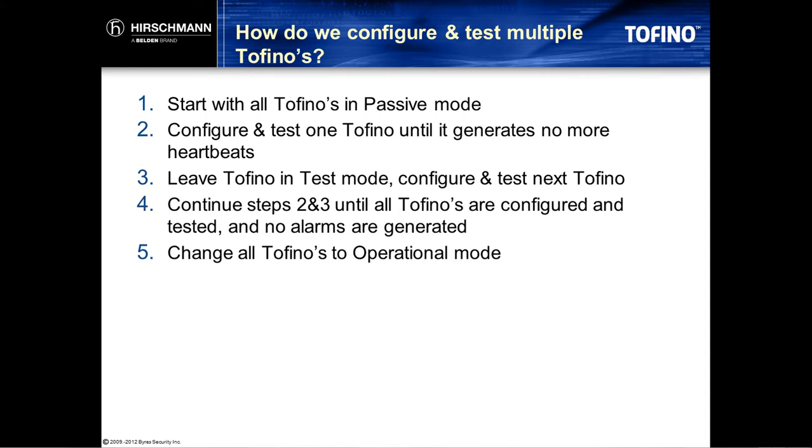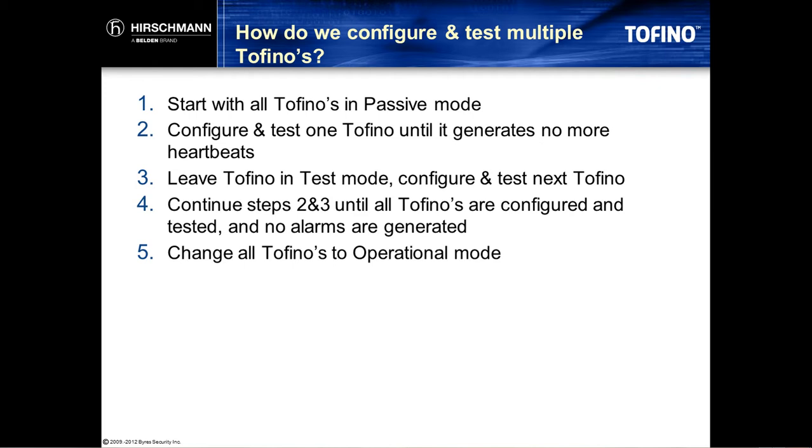Now, in fact, in most networks, there's going to be more than one Tofino. Of course, in these videos, we're using a very simple example network, only one Tofino, one talker, one protected device. That's not realistic. Most plants have 6 to 20 or more Tofinos. So, very important when you're configuring and testing multiple Tofinos in a plant network, leave them all in test mode until all your Tofinos are configured and they're all allowing traffic through with no alarm messages.